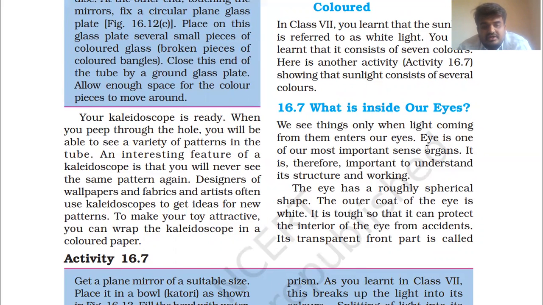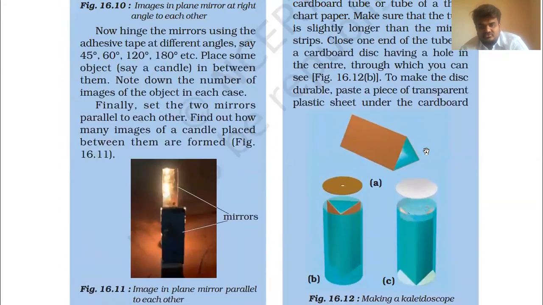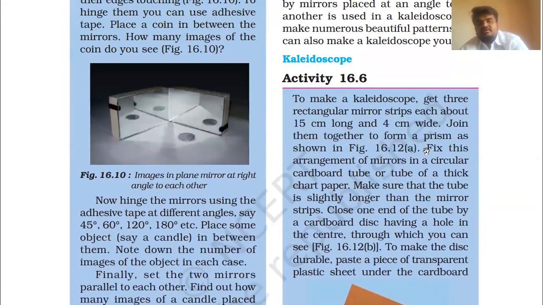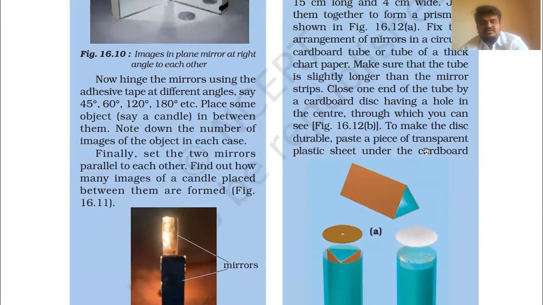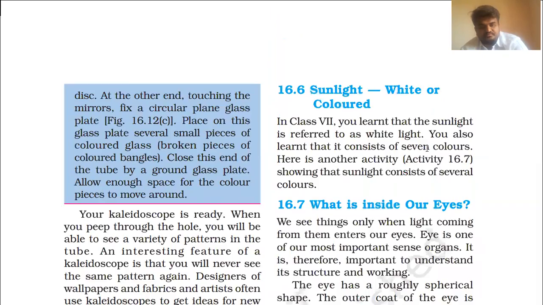To make your toy attractive, you can wrap the kaleidoscope in colored paper. So this is activity 16.6 related to the kaleidoscope, on how to make a kaleidoscope, and you are given some basics related to this.